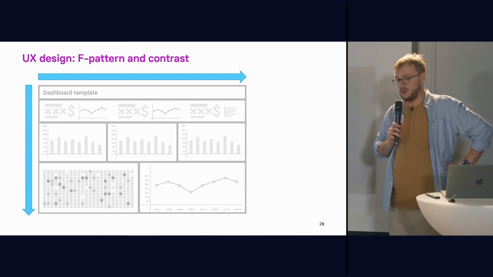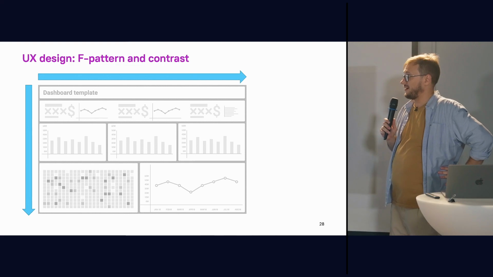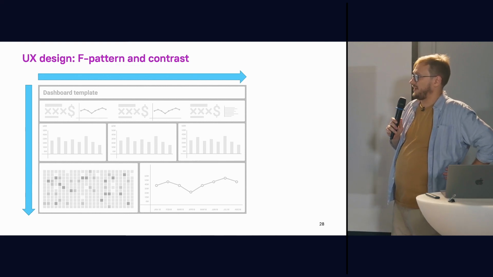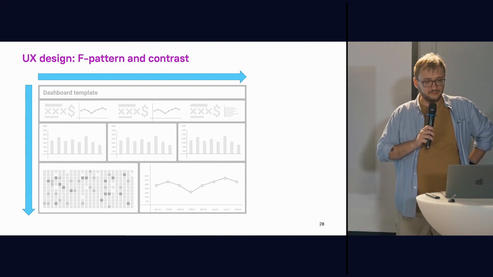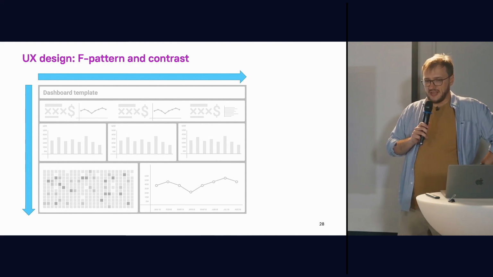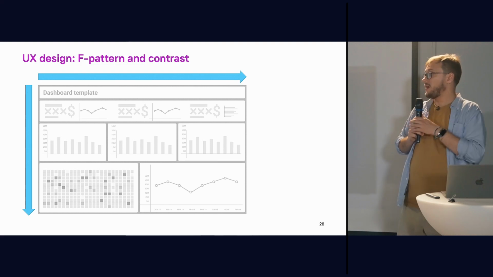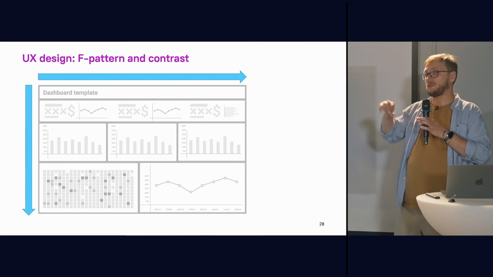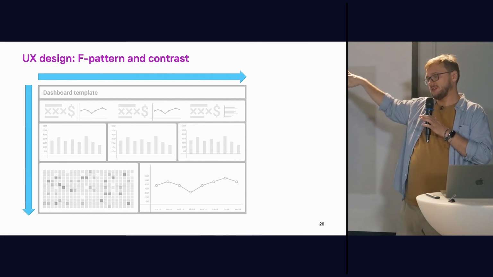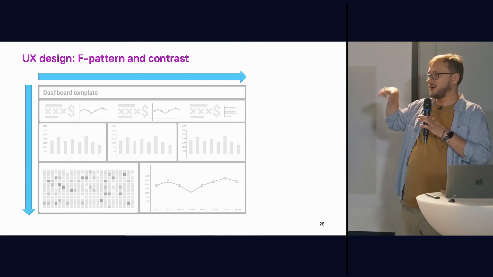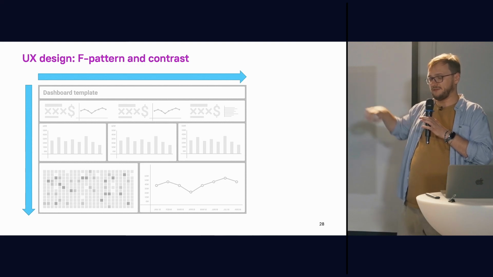The next part is the F pattern and the rule of contrast. I can say that I can calculate the focus function of a user. So using these two rules, we can predict which part of the dashboard is going to be looked at mostly by different users.